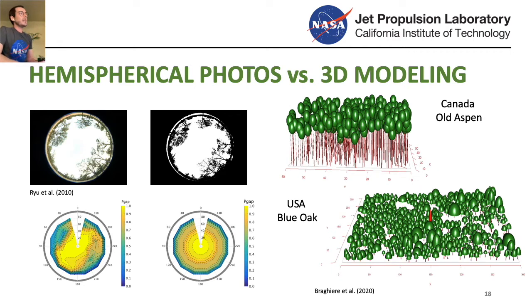And basically, in these 2 sites, we had digital hemispherical photographs, not randomly, but sampled all over this canopy. And what we see here is an example for the blue oak savanna.